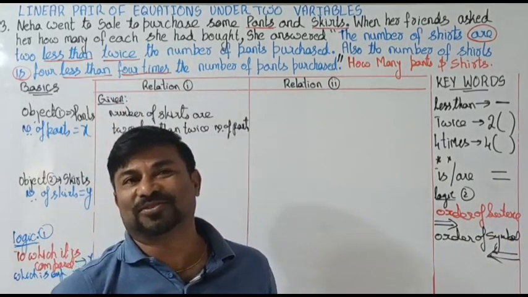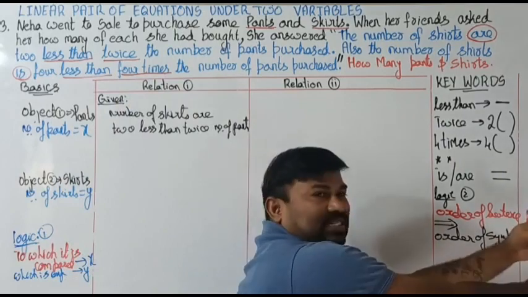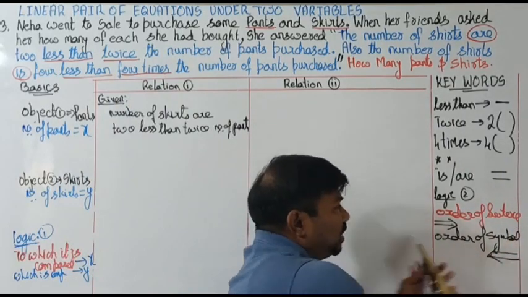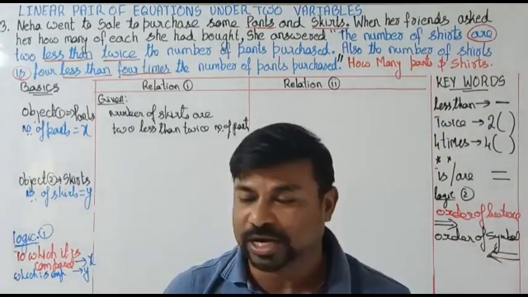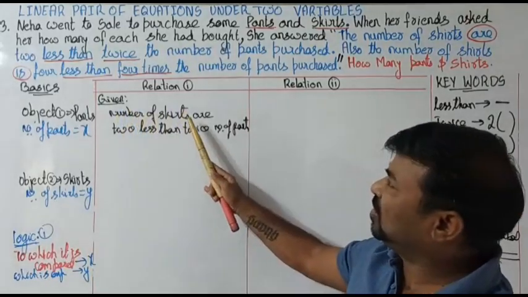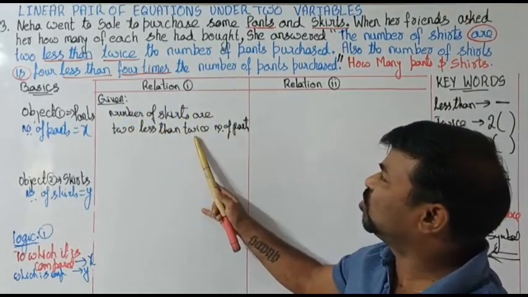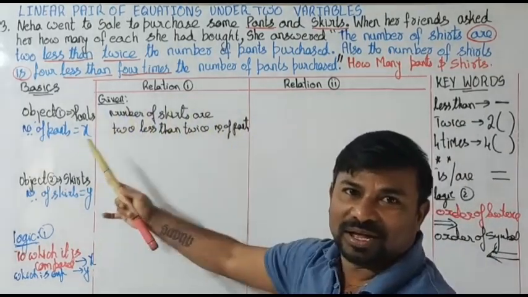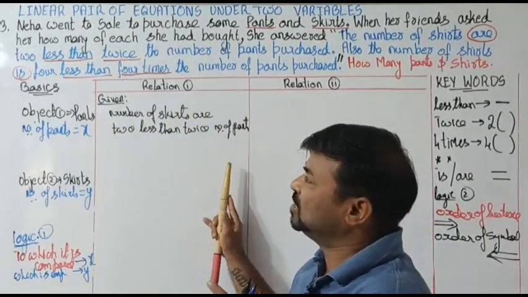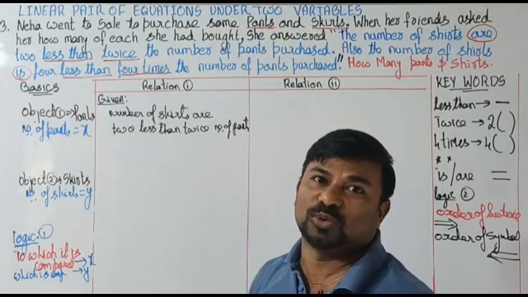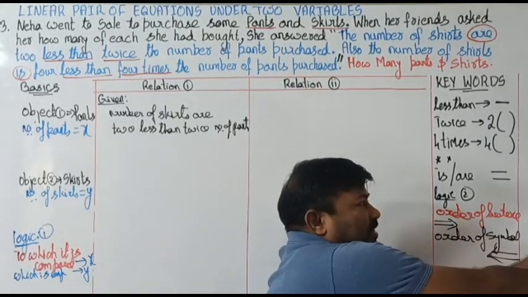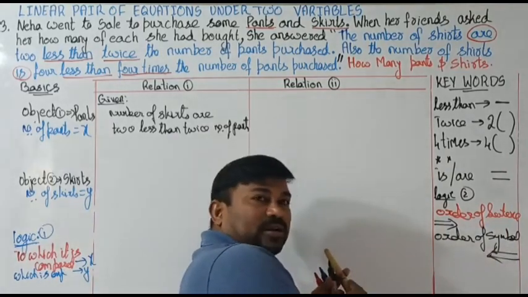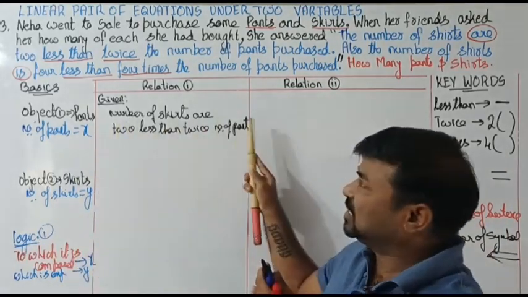If the sentence is written in this way, the symbol should be written in the opposite way. The number of skirts is 2 less than twice the number of pants. The sentence is written in this direction, so we have to write the symbol in the opposite direction.